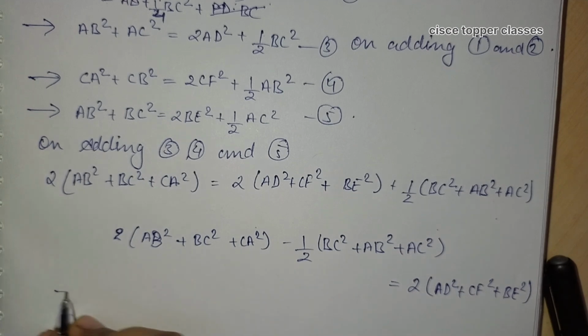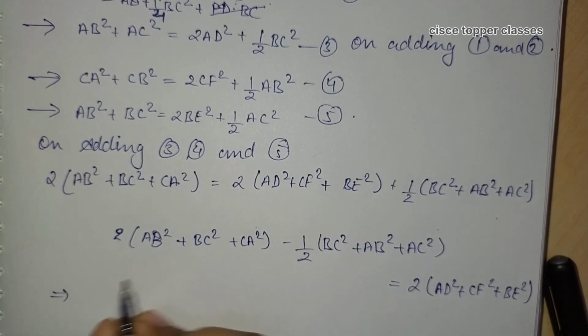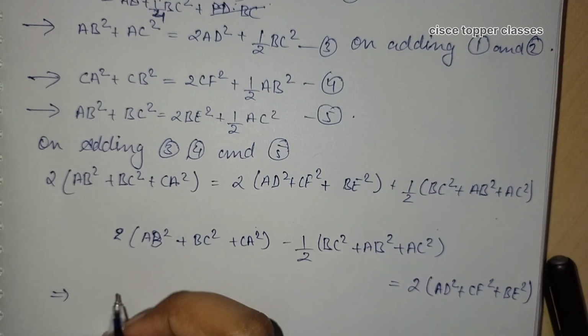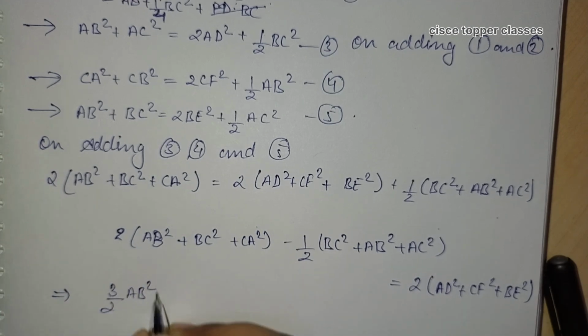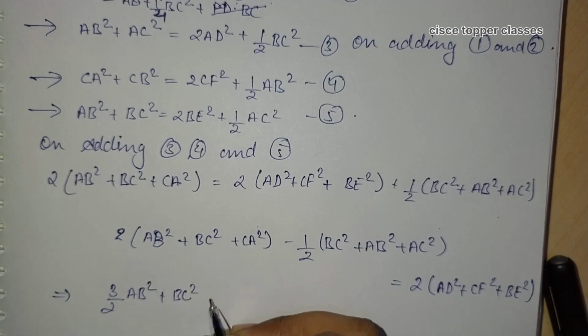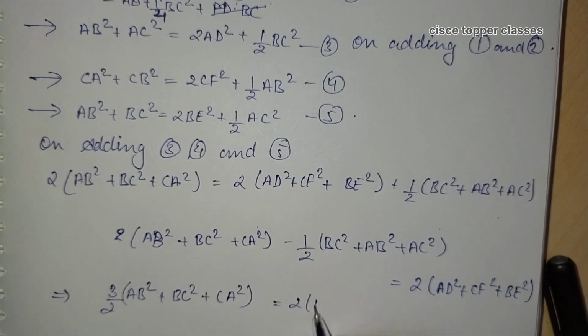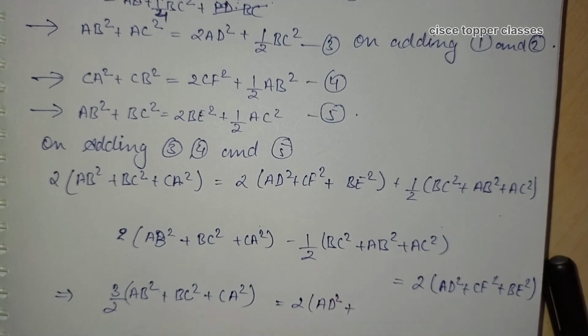Now simply this part we can write as 4 minus 1 over 2 times AB square plus BC square plus CA square, which is 3 by 2 of AB square plus BC square plus CA square, and this will be equal to 2 times AD square. We will multiply the 2 here with this 2, so it will be 4 AD square.